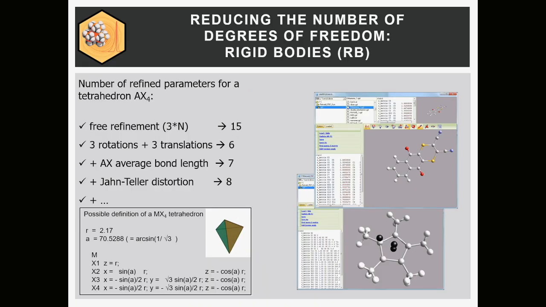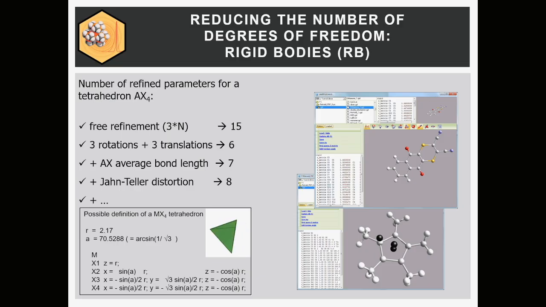All right. You can reduce the number of degrees of freedom. We will do this tomorrow by rigid bodies. Very easy. This is a Cp star ring here. If you have a Cp star ring, you can refine all the carbon atoms, which are 10 carbon atoms, individually. Then you have a huge number of parameters, and of course they all do meaningless changes.